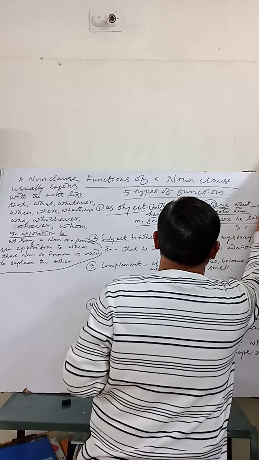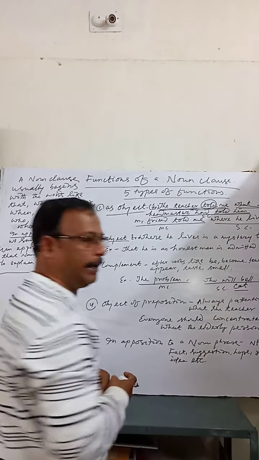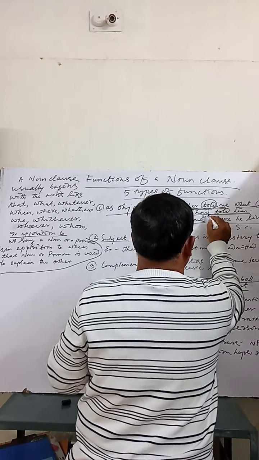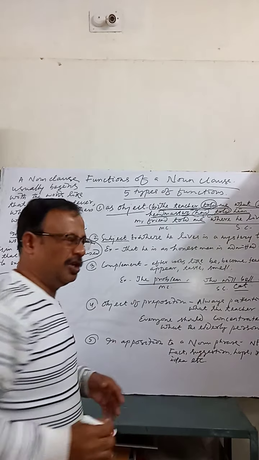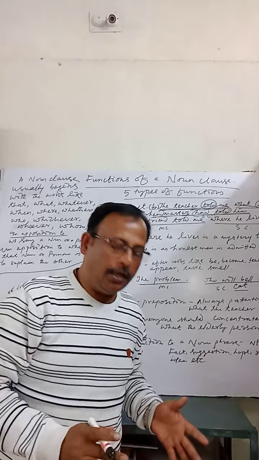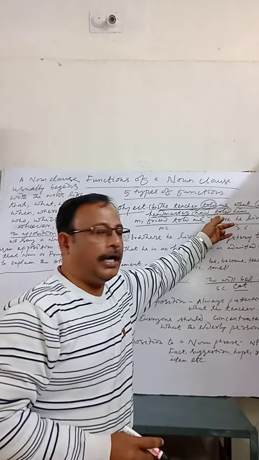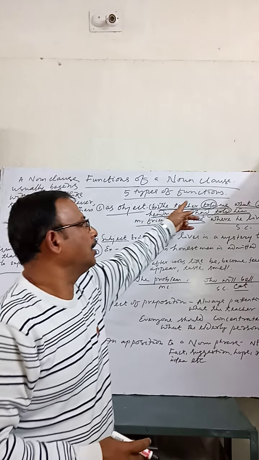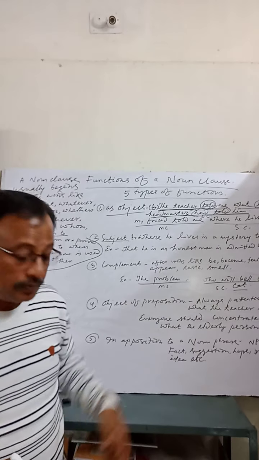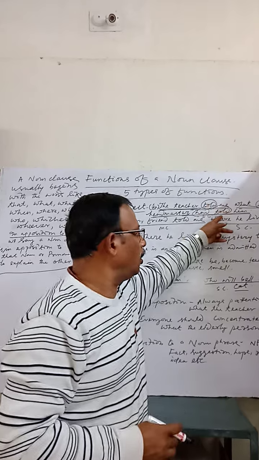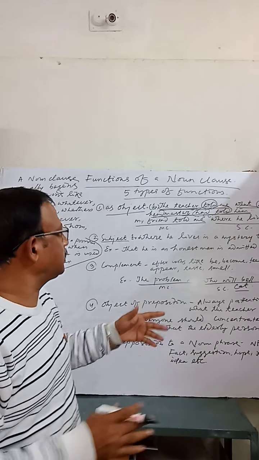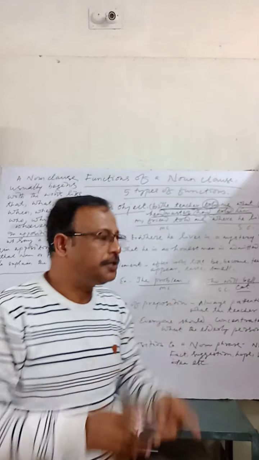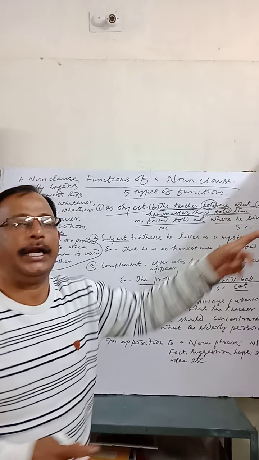What the headmaster had told him. Here the subject is the headmaster and the verb is had told. So it is also another clause, but it is a subordinate clause because it is dependent upon the main clause, the teacher told me. What role does this noun clause play? The teacher told me what? The answer is what the headmaster had told him.